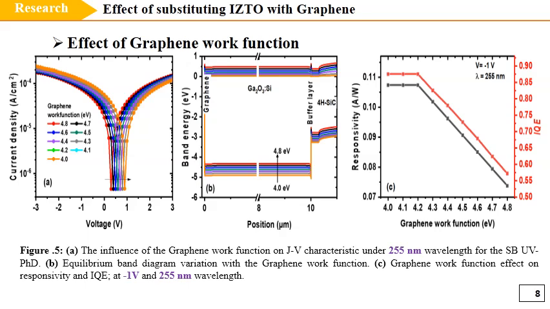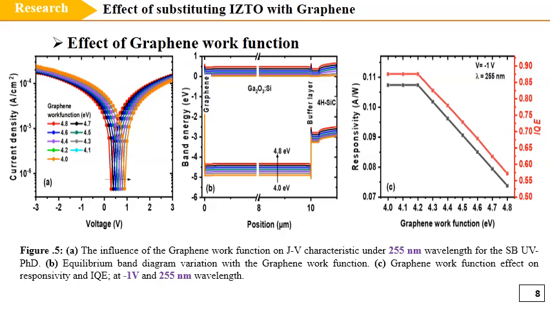Under 255 nanometer illumination, the IV curves in figure 5A and the band energy in figure 5B for work functions 4.1 and 4.2 overlap significantly, showing increasing photocurrents and a positive shift in the IV shape, resulting from the reduced Schottky barrier between graphene and the beta-gallium oxide Se drift layer, and figure 5C corroborates this finding.